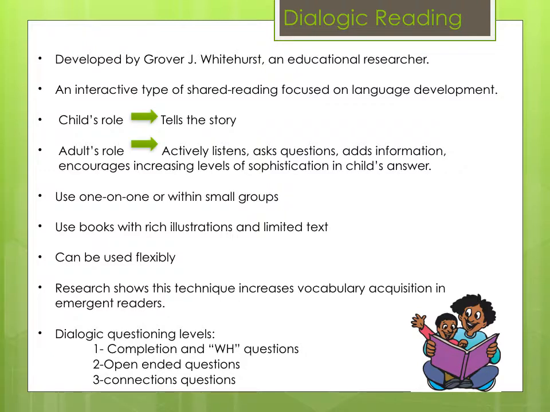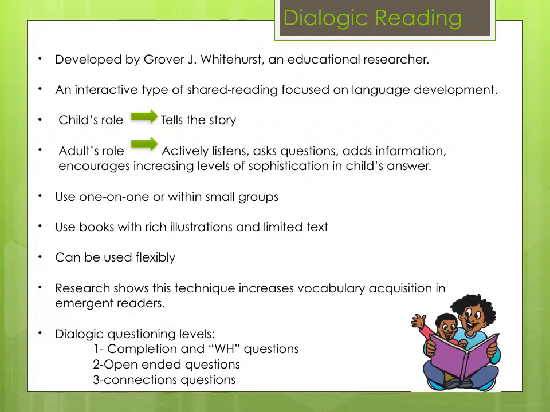The adult's role is to actively listen to that child and give them feedback, to ask questions, to add information about what the child is saying, or to fill in any gaps that the child hasn't said, and really just helping that child increase the sophistication of their answers, what they're describing on the page, helping that child to use more details and description.